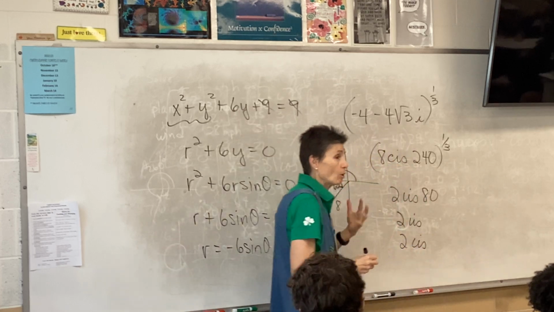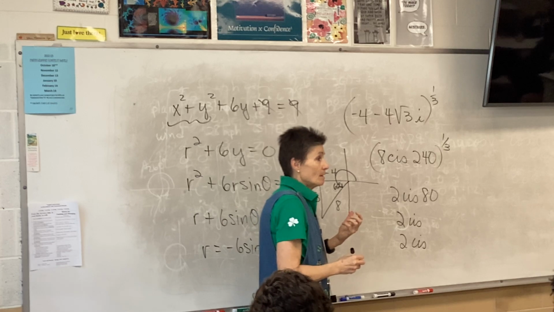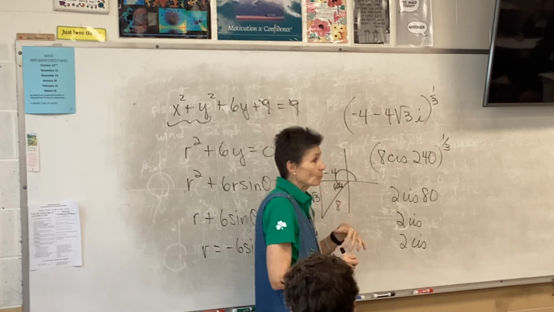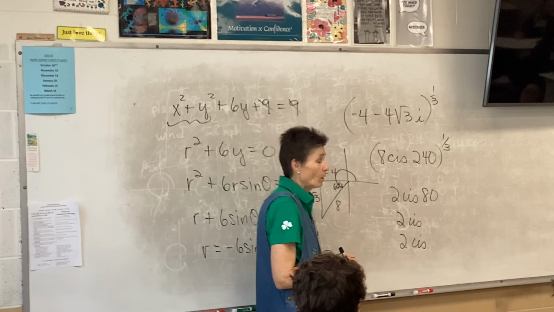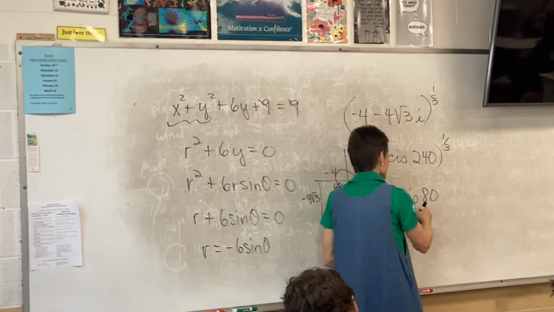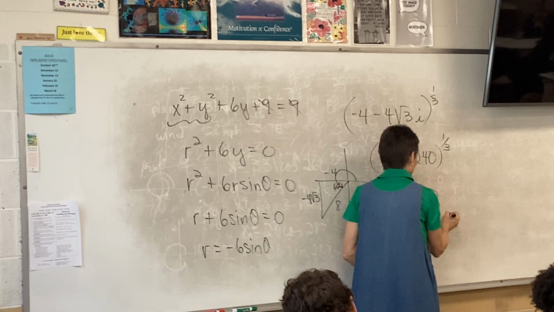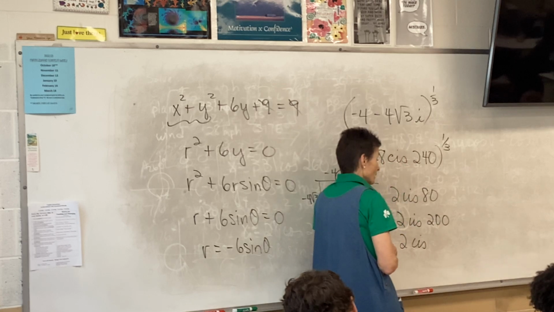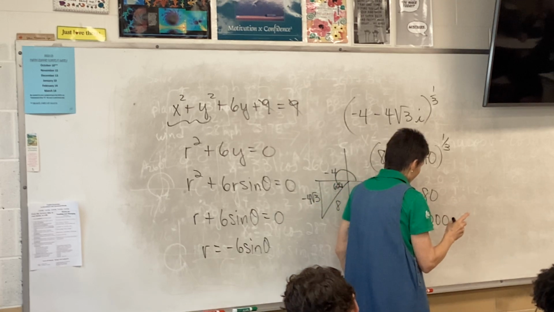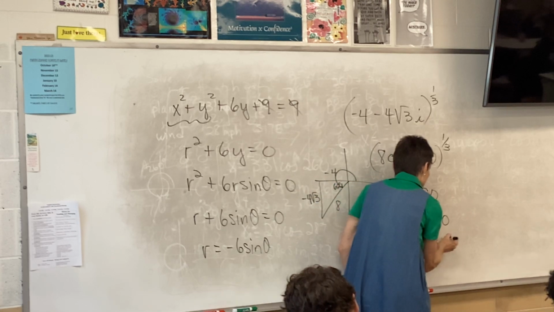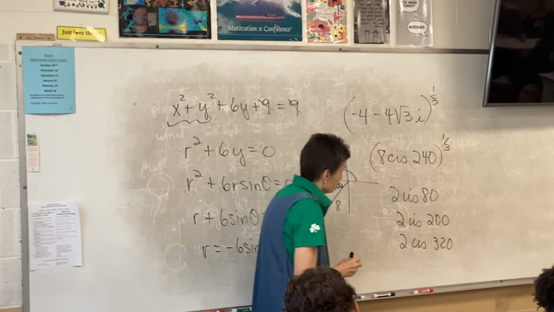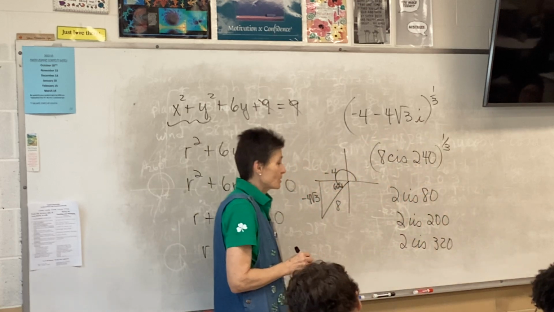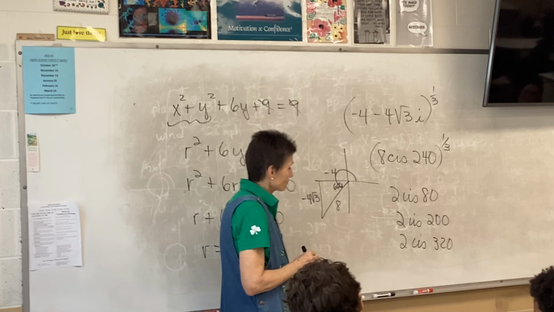Now there's 2 more answers. Radius will be the same, R will be the same thing. How far apart are these 3 answers? 120. So if the first one's 80, the second one will be 200. Now be careful, oh no, you said 120, right, so 320. So I'm good, that's okay, I was gonna get too big.